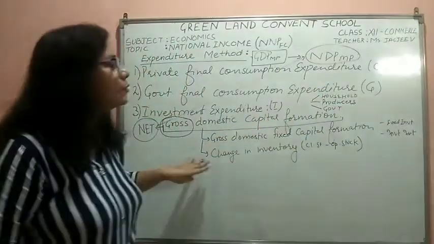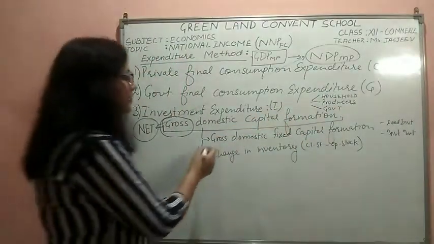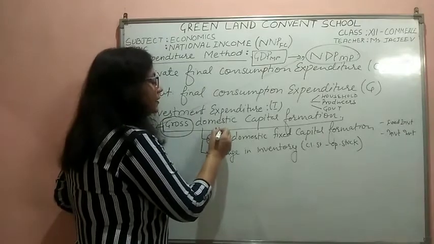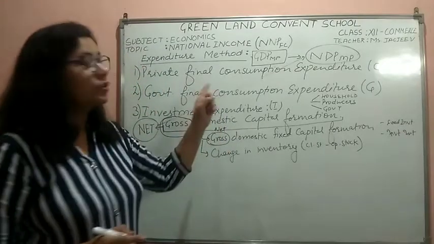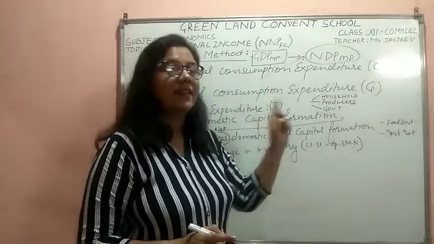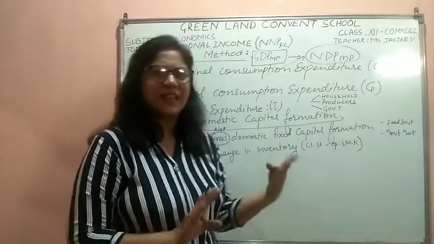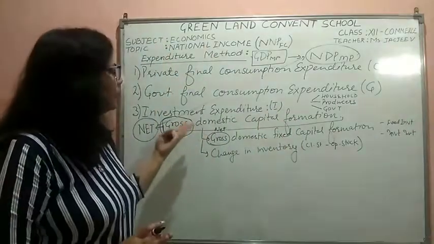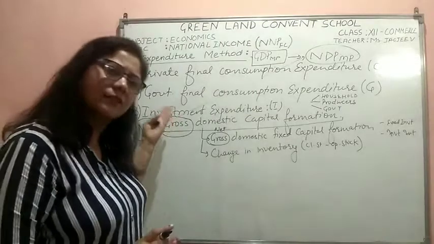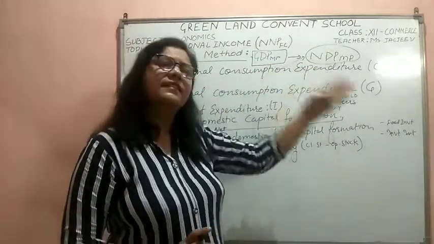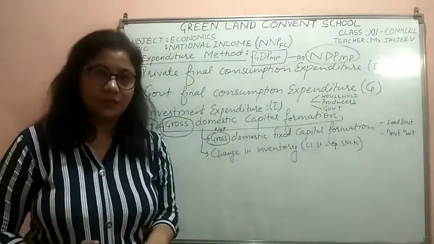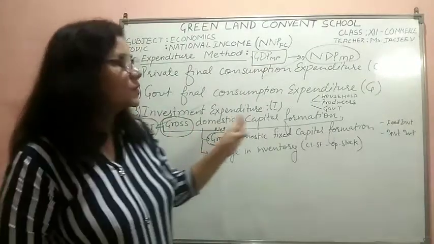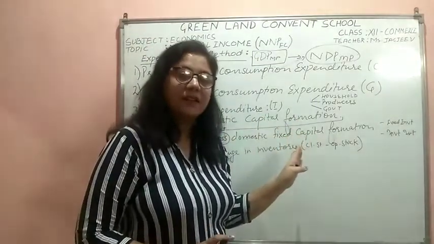So this point should be noted very clearly: if in place of gross we are given net, then in place of gross domestic product we would be getting net domestic product. Don't try to change gross into net. We would be getting the answer as net, then we would be further making changes. So hopefully investment expenditure is very clear to you.